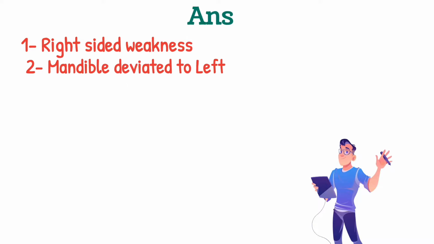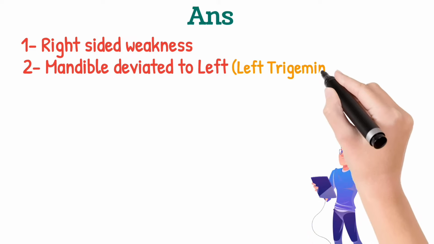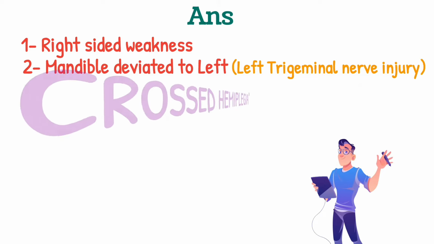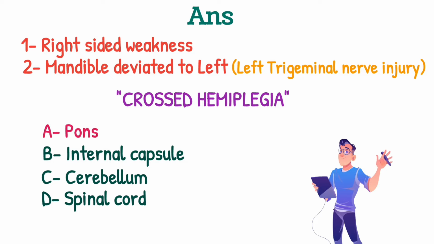It means that there is lesion of left trigeminal nerve because the jaw deviates towards the side of the lesion. As weakness and cranial nerve involvement is on the opposite side, so it is crossed hemiplegia, which occurs in lesion of pons. So the correct option is A.